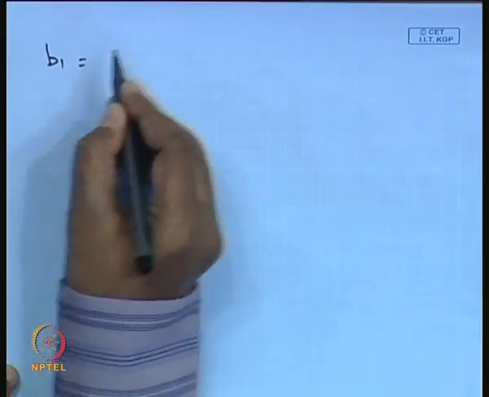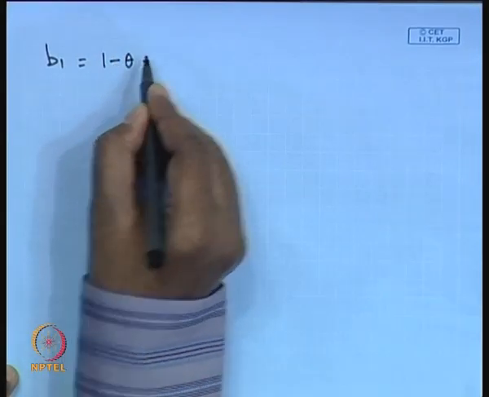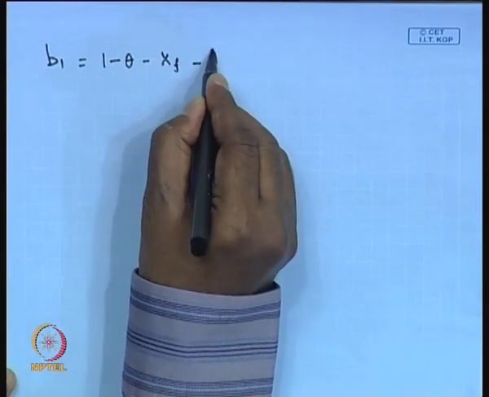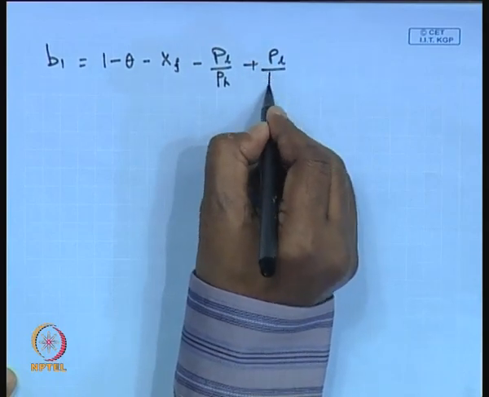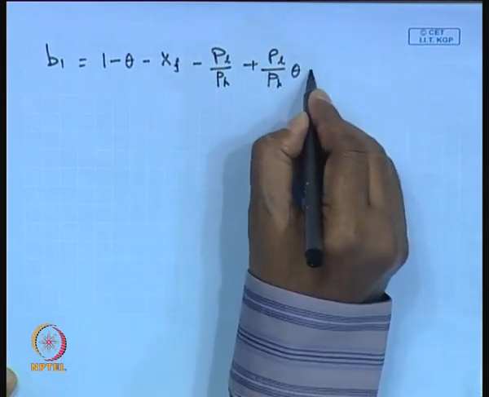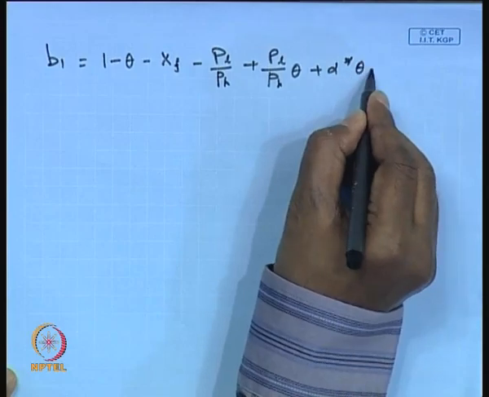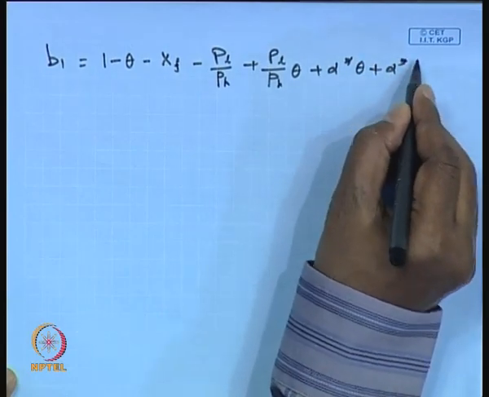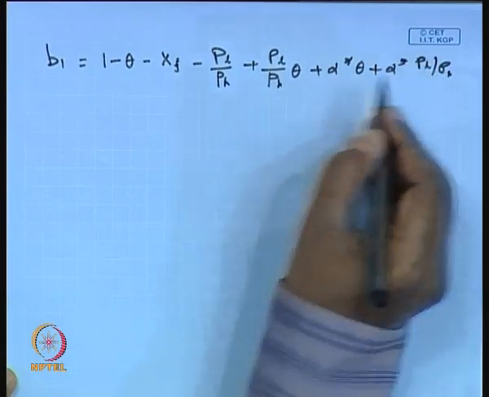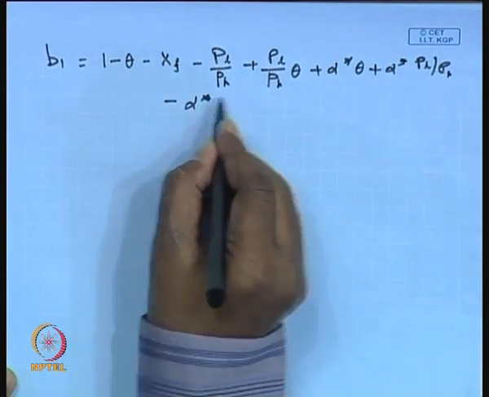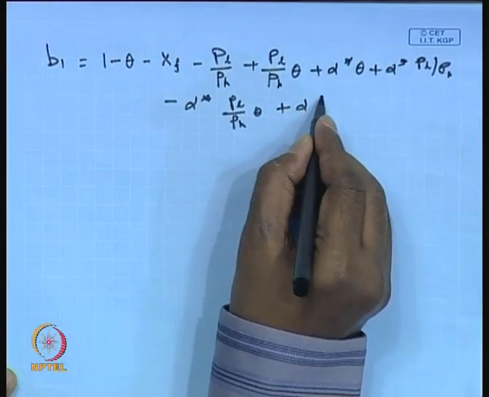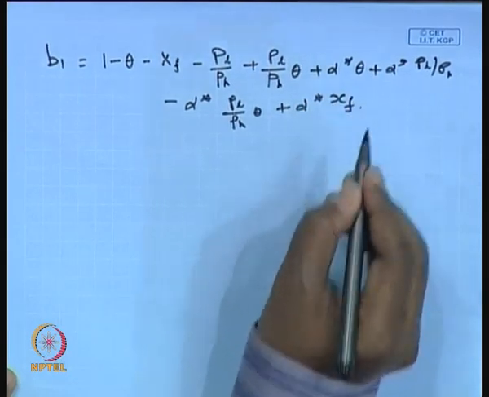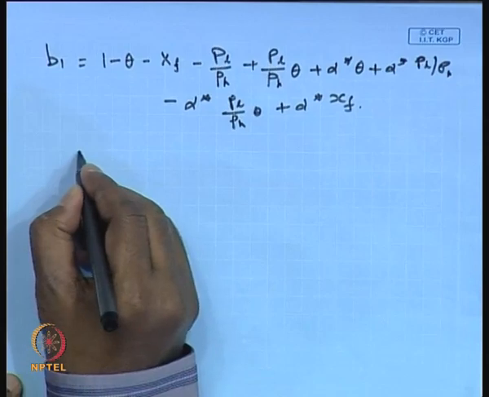Now, let us calculate the variable B1. It is given as 1 minus theta minus xf minus P L over P h plus P L over P h times theta plus alpha star theta plus alpha star P L over P h minus alpha star P L by P h times theta plus alpha star xf. Okay. Now, you put different values.